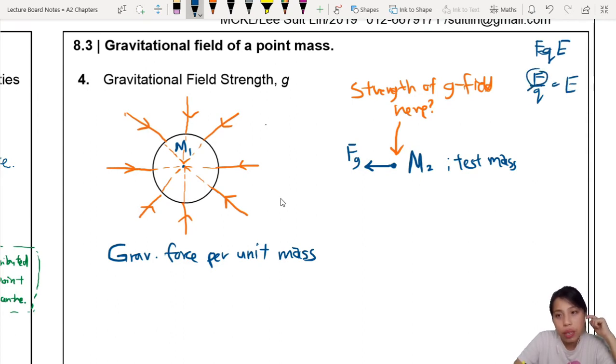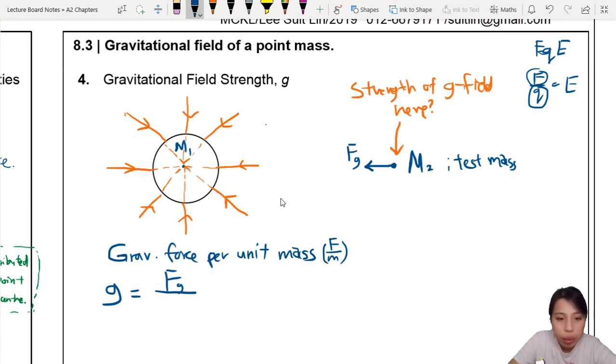F is a force, Q is a property of your charge. So we're doing the same thing here. Force per unit mass. Force over mass will give us our gravitational field strength. So g equals the force acting on that point mass, this Fg here, divided by the mass of that thing, m2.